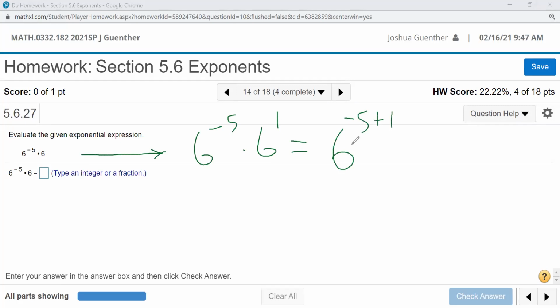So that's going to be 6 to the -5th plus 1. -5 plus 1 is -4. So we end up with 6 to the negative fourth power, which according to the negative exponent rule, makes it 1 over 6 to the fourth.